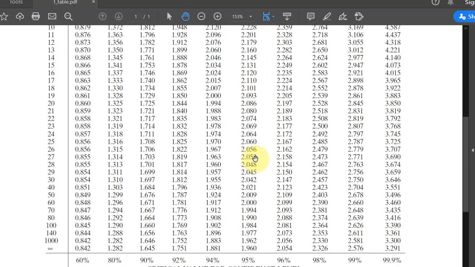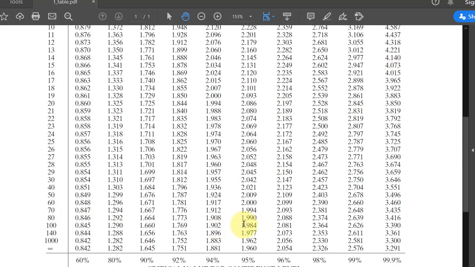Now I'm looking at my degrees of freedom along the rows, and I do not see a 76. But what I do see is 70 or 80. And I think we mentioned this before spring break, that we will just use the closest of the two. So for 76, the closest degrees of freedom there would be 80.